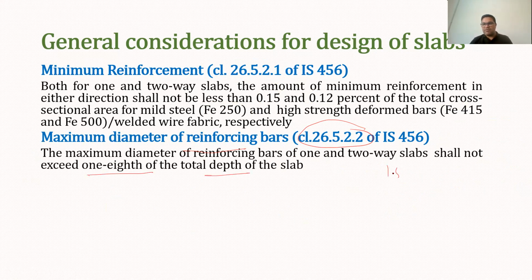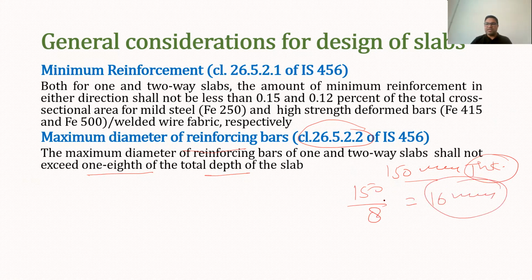For example, we have a 150 mm thick slab. So what is the maximum dia that we can use in this slab? It will be 150 by 8, so something around 16 mm. So the maximum dia of bar that we can use in this slab as main reinforcement will be around 16 mm.